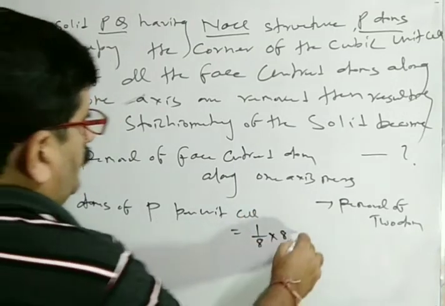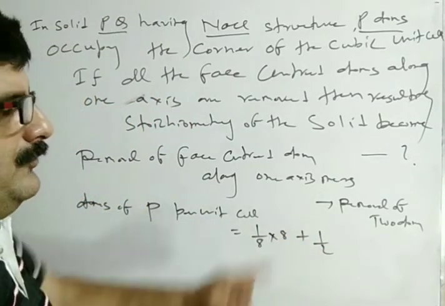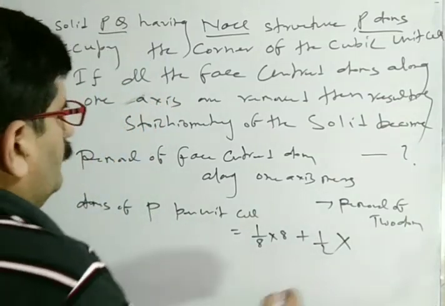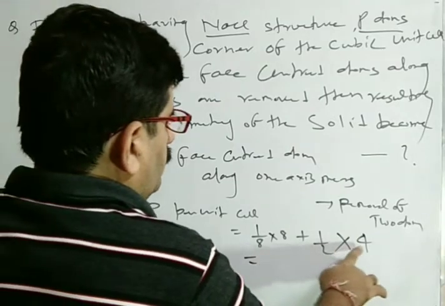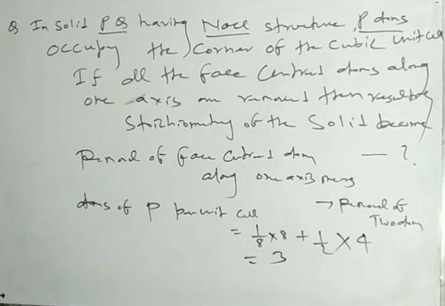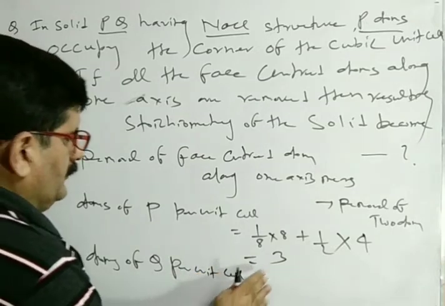Contribution through corner, plus contribution through face 1 by 2, so face multiplied by 4, not 6. 1 plus 2 means 3. Atoms of Q per unit cell is equal to what?